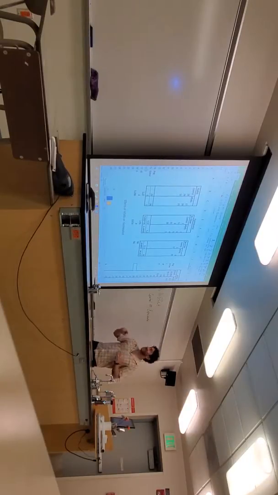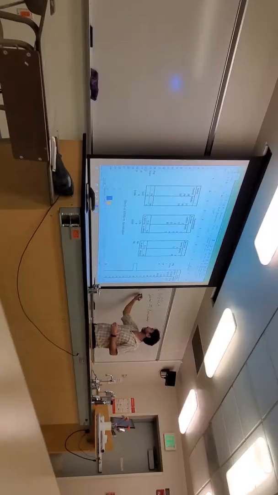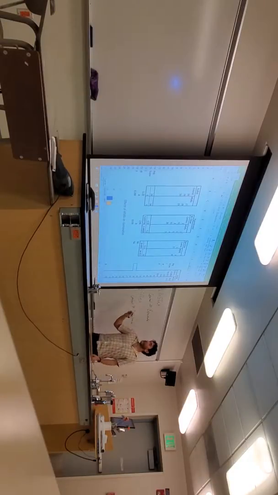If there is an effect, it means that the control is not the same as the experimental. Remember that? So what we're looking for are differences between the control and the experimental. And the term that gets used is significant. Is there a significant difference?